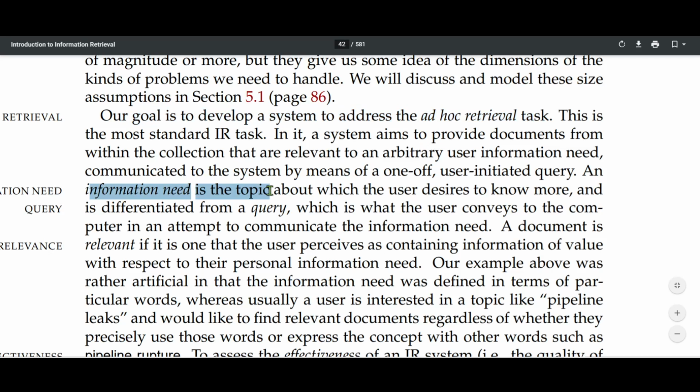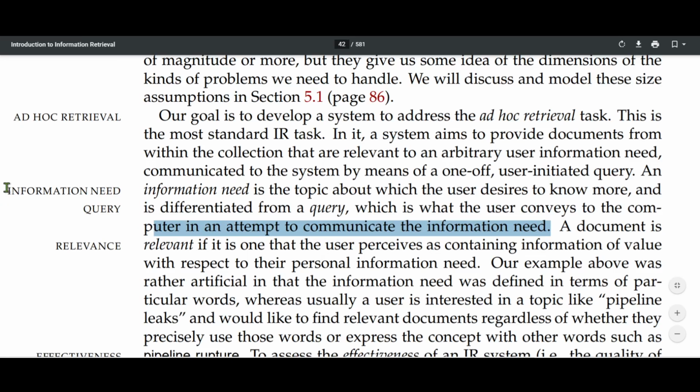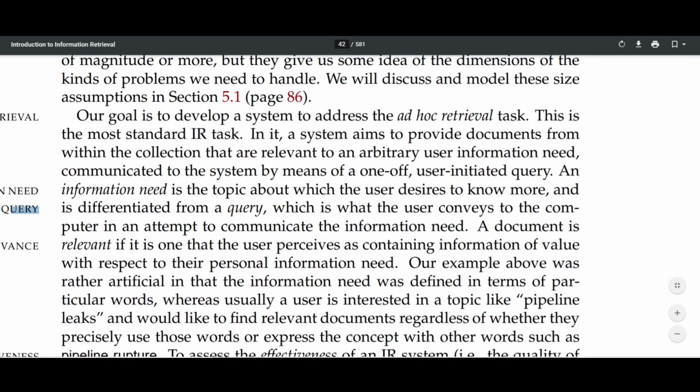An information need is the topic about which the user desires to know more and is differentiated from a query, which is what the user conveys to the computer in an attempt to communicate the information need. Here information need and query are defined.